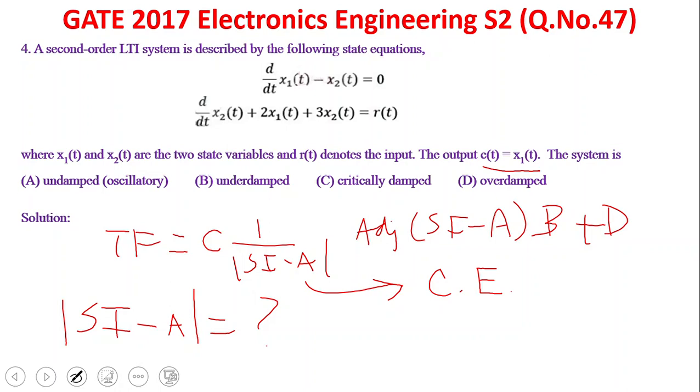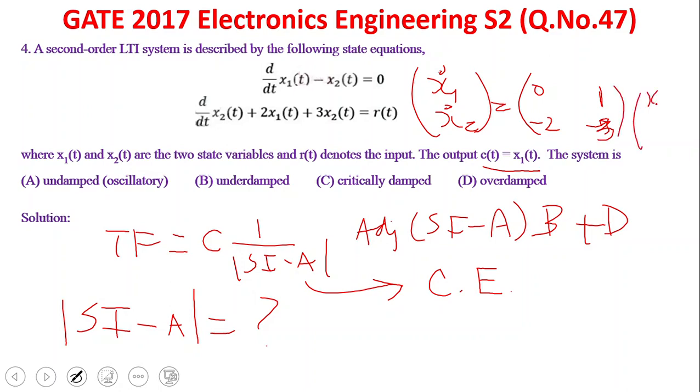Before that, we should write the matrices A, B and C. So how to write matrices A and B from here? x1 dot, x2 dot equal to, so this is in terms of x2, so 0, 1. The 2x1 and 3x2 brought to the other side give minus 2, minus 3, times x1, x2, plus 0, 1 times r of t, that is u.